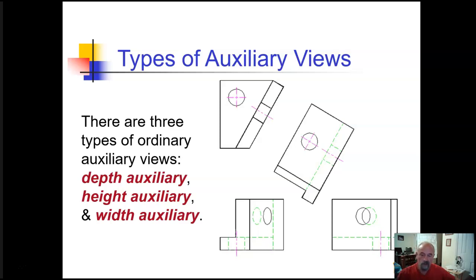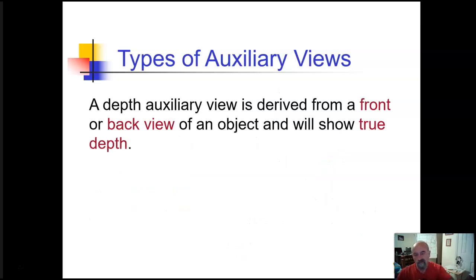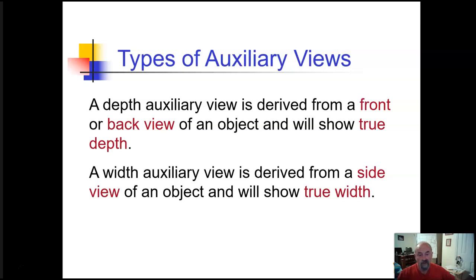Depth, height, and width. A depth auxiliary view is derived from a front or back view of an object, and it'll show the true depth. Width auxiliary view is derived from the side of an object, and it'll show the true width. Hence the name, width auxiliary.